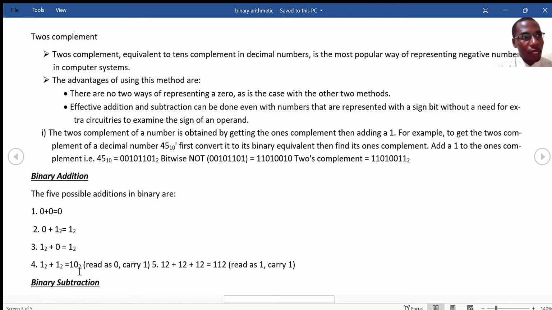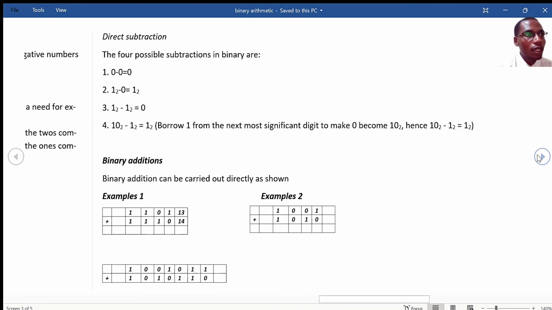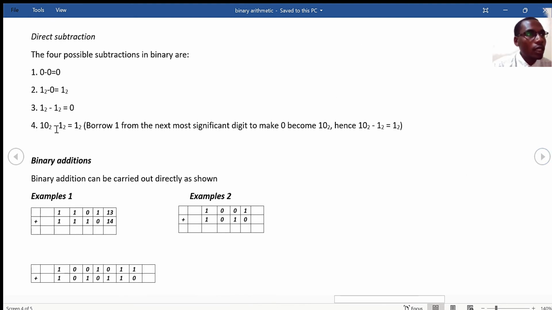Now we are subtracting 1 0 minus 1. Obviously, the answer will be 1. The answer should be 1. Read like the way you can see it here.